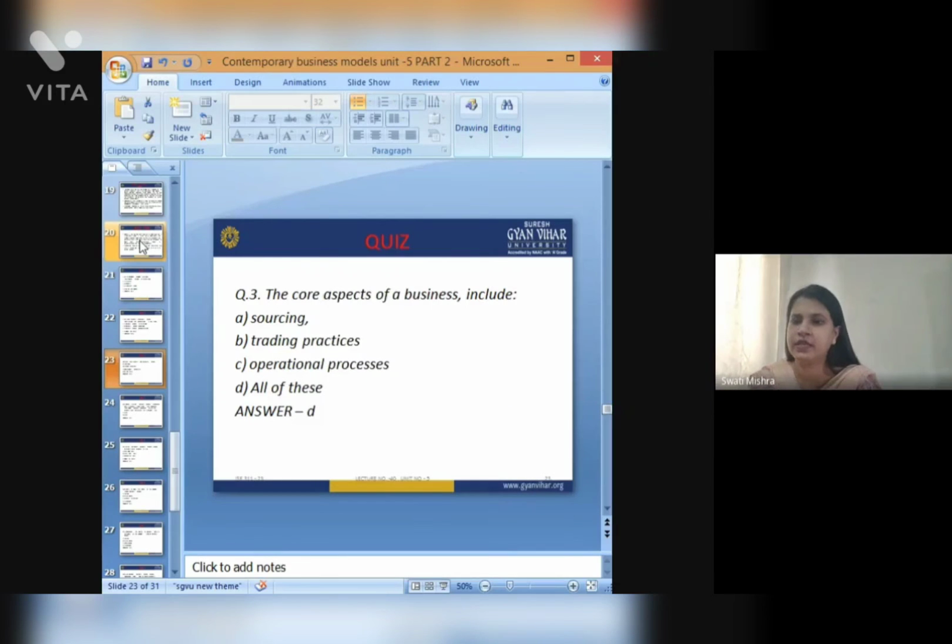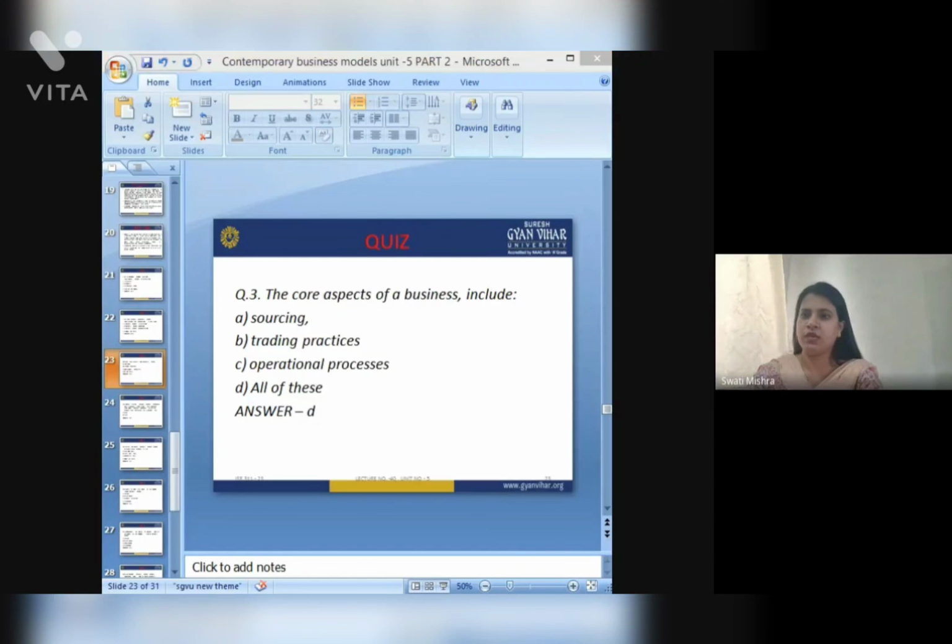Here is the next question. The core aspects of a business include A. Sourcing, B. Trading practices, C. Operational processes, D. All of these. And the answer is D. All of these.